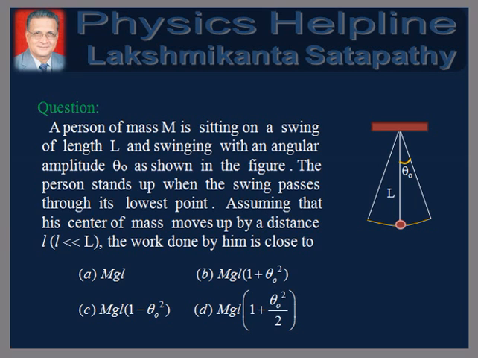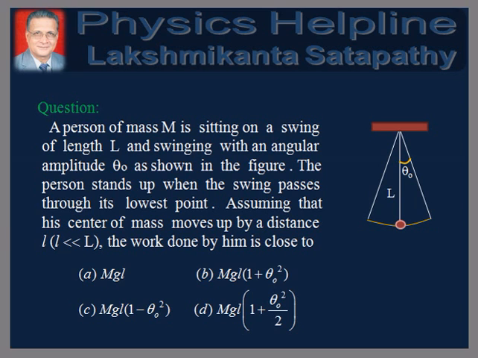A person of mass m is sitting on a swing of length L and swinging with an angular amplitude θ0 as shown in the figure. The person stands up when the swing passes through its lowest point, assuming that his center of mass moves up by a distance L. The work done by him is close to.